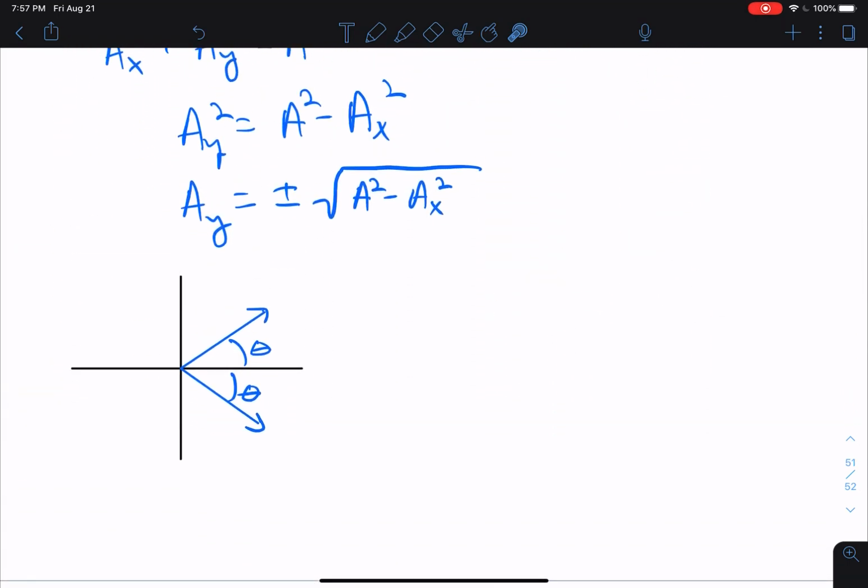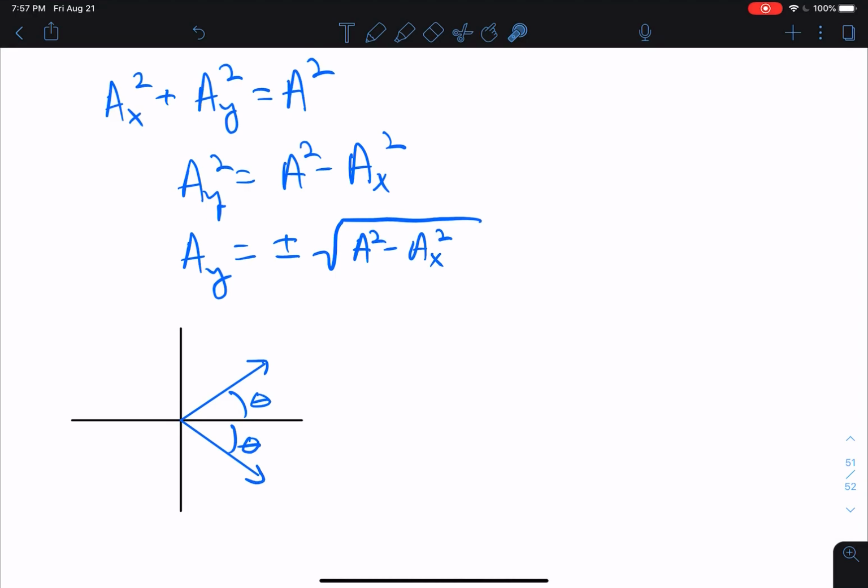So in my case, for the positive y component, I would just find this angle theta using the arctangent, and then that would be my answer. But for the negative, okay, it's negative, how am I going to get that? Well, a couple ways.